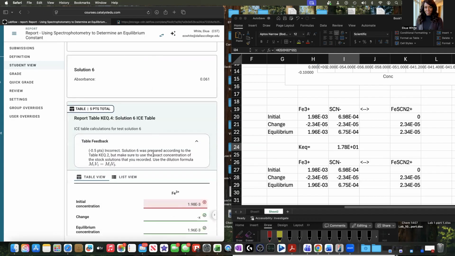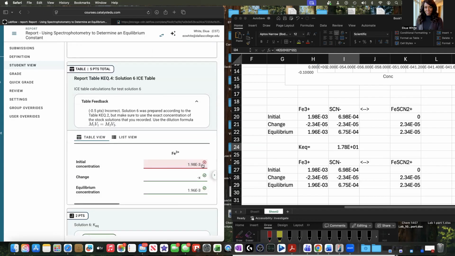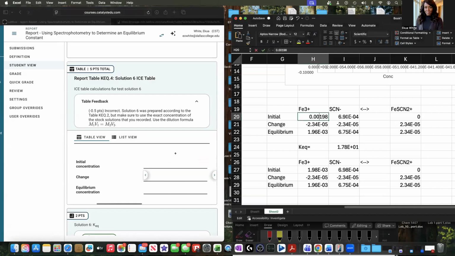And please, oh no, they didn't like the initial concentration, but they like the change and they like this one here. So they don't like either initial concentration. It's kind of weird, right? They don't want me to use these numbers. That's why I was trying to figure out which one to use. It said incorrect.